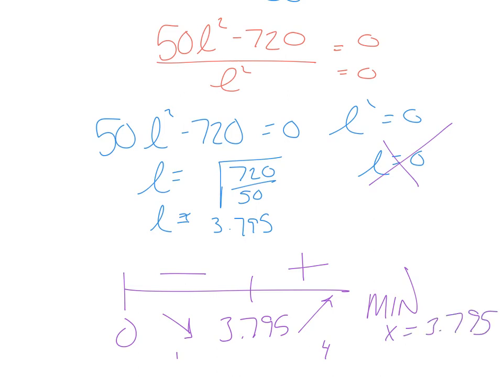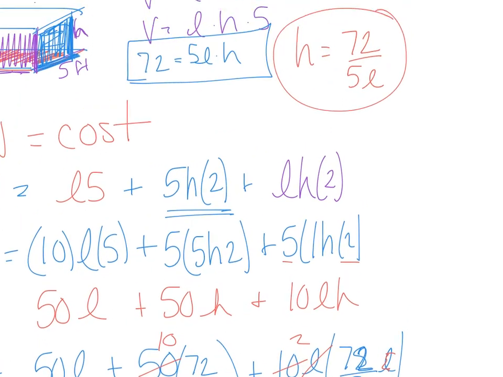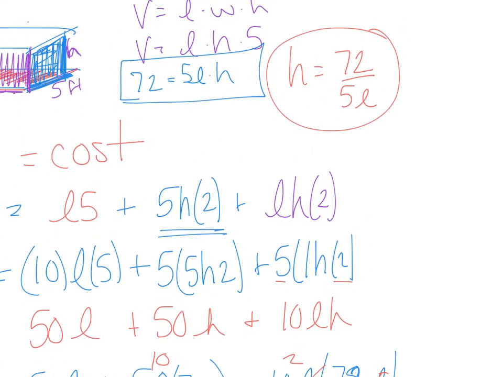Now, remember, there were several questions here. It first wanted to know what are the dimensions. So I know, sorry, I shouldn't say x. I guess that was the variable I got for L. My length is 3.795. And if I go back, I should have a formula for width, or height. My height is equal to 72 divided by 5 times 3.795.